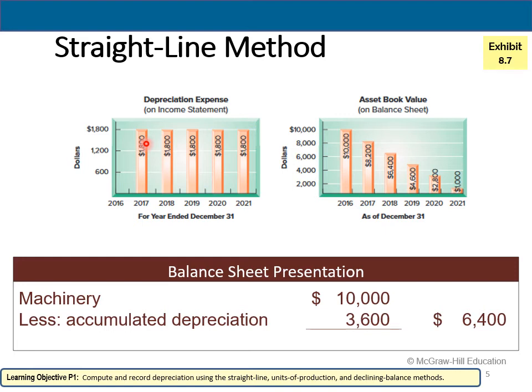And so in 2017, depreciation expense related to this machine, 1,800. 2018, same. 2019, same, and so on. So that's ideal for financial managers to know what the depreciation expense charge is going to be.